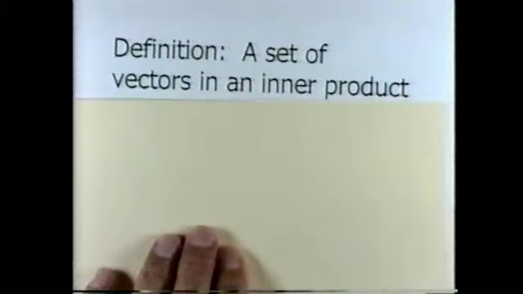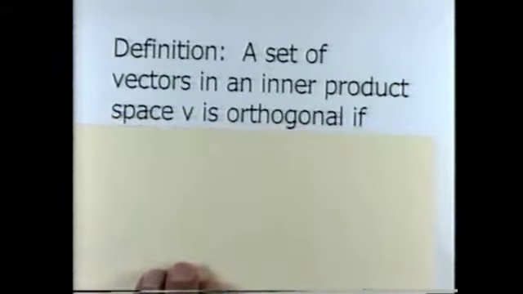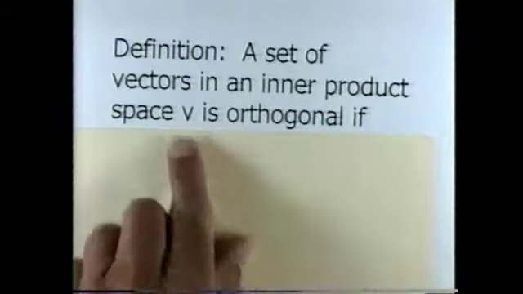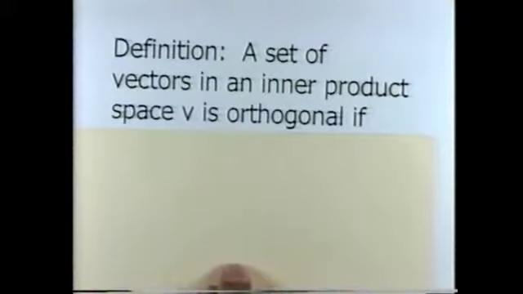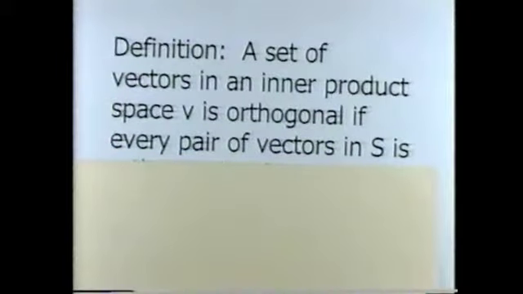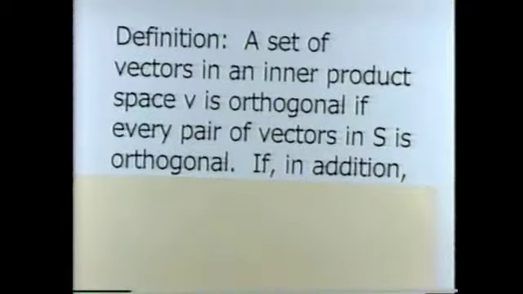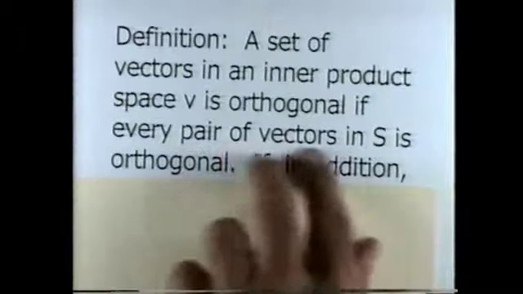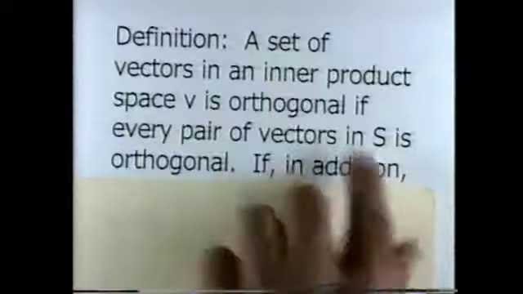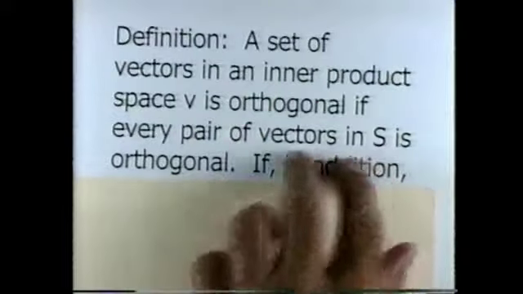A set S of vectors in an inner product space V is orthogonal if every pair of vectors in S is orthogonal. So every pair of vectors in the set would be orthogonal to each other.